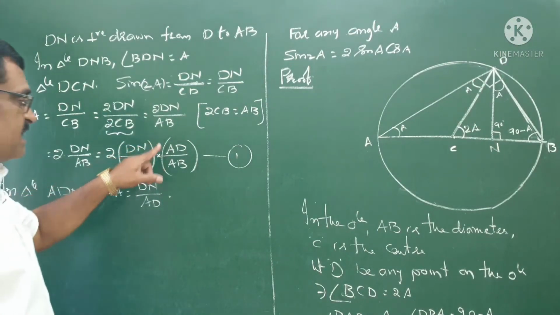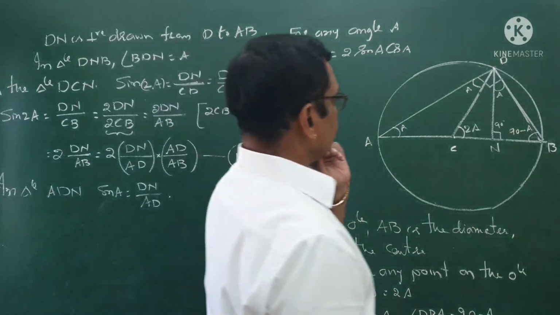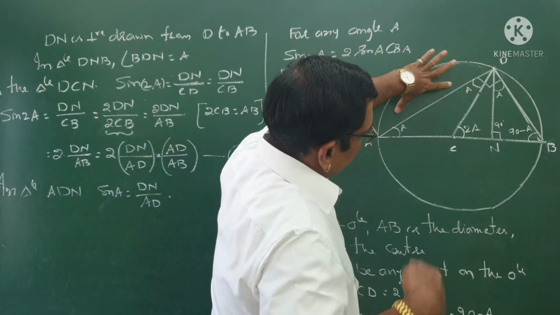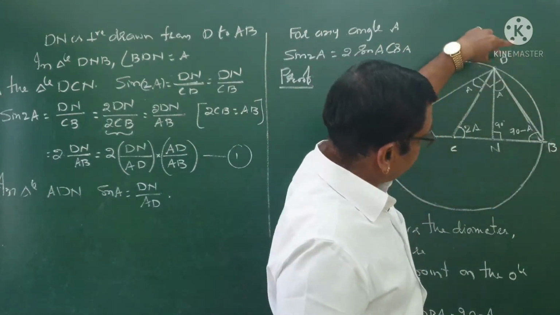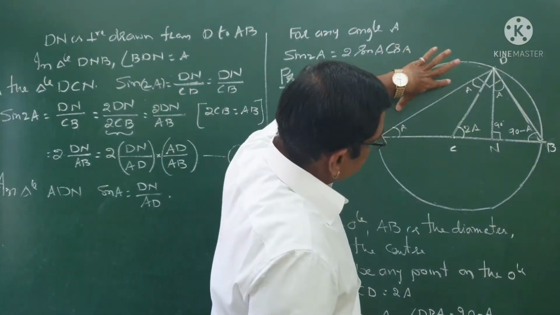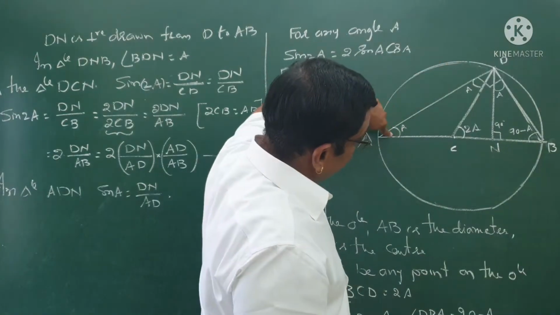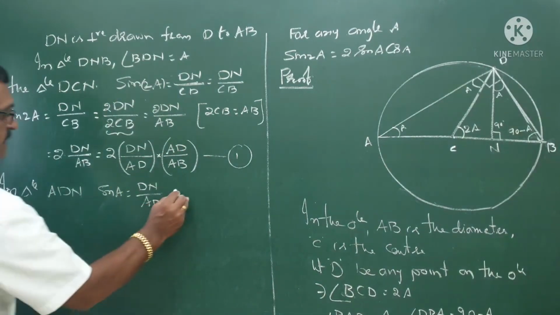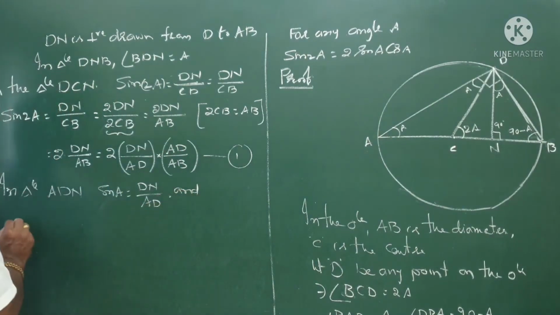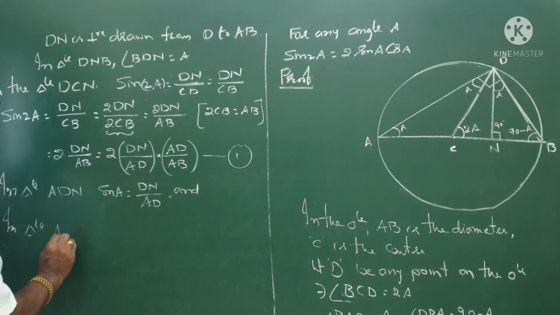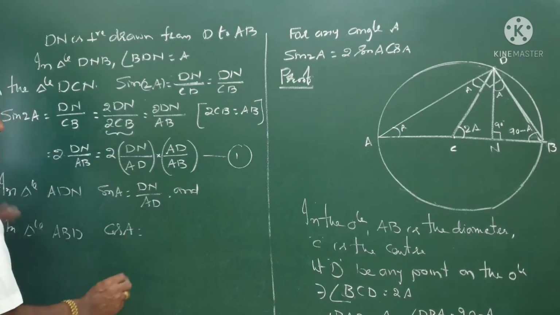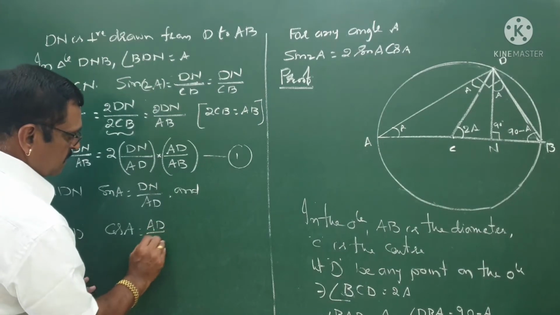Next one, AD by AB. Where is AD? This is my AD. If you consider the whole triangle ABD, my AD is the adjacent side to angle A. Therefore, in triangle ABD, I have cos A is equal to AD by AB.